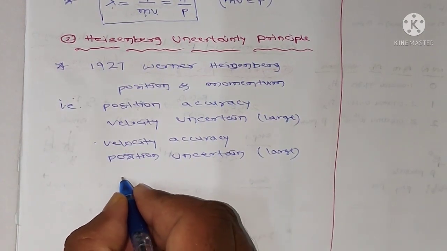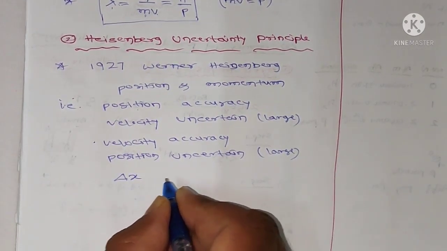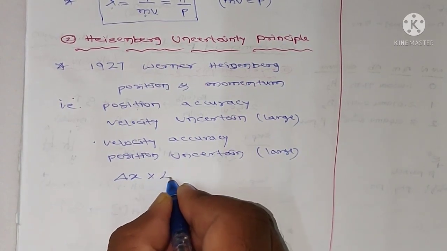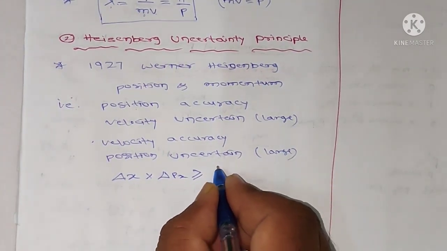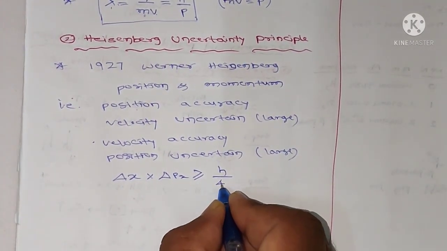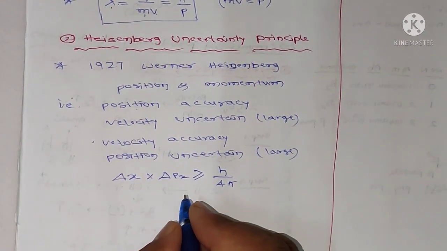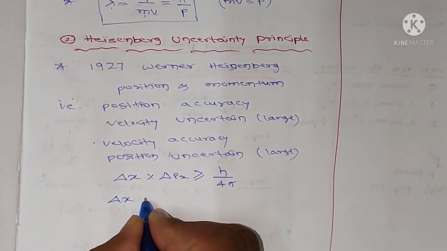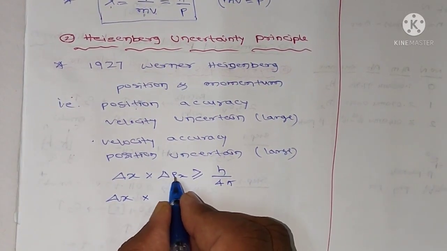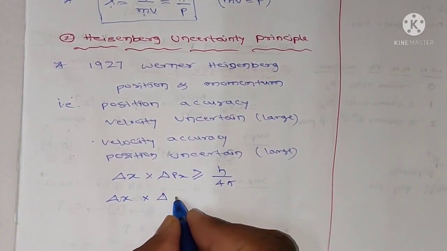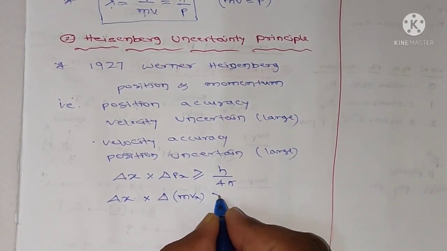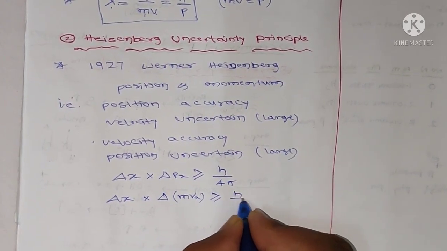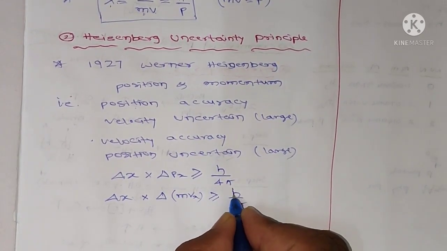And Heisenberg gave a formula: delta x into delta px greater than or equal to h by 4 pi. Here p is the momentum, means mass into velocity, so delta x into m delta vx greater than or equal to h by 4 pi.